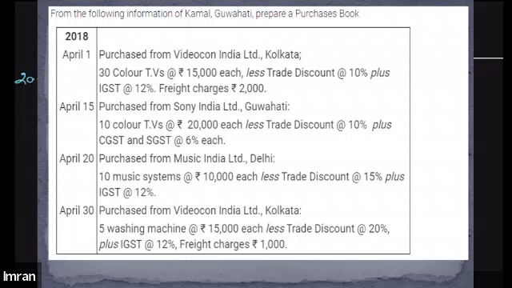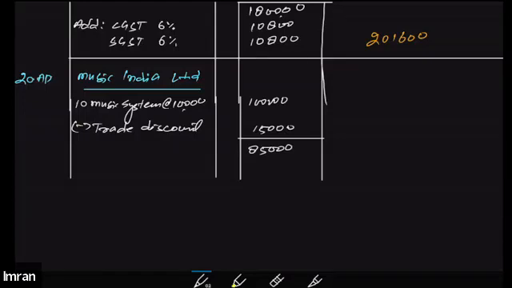And then we need to charge tax. In this case, since we have bought the goods from Delhi, which is a different state, we will be charging IGST. So input IGST will be 12%. You can also write down input IGST. Taxes paid at the time of purchase is considered as the input tax.